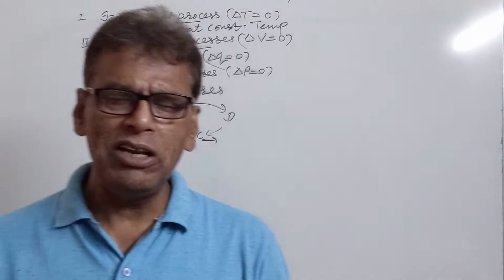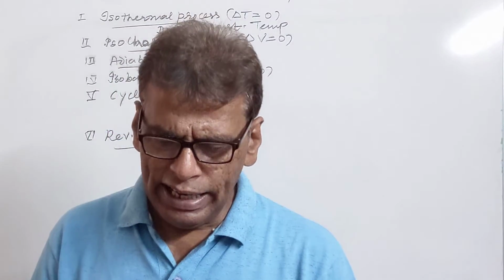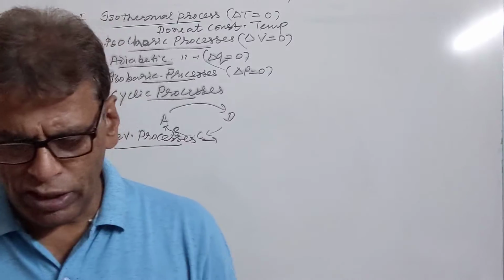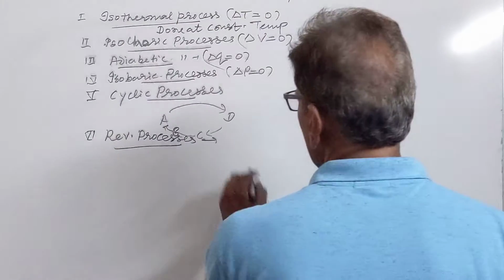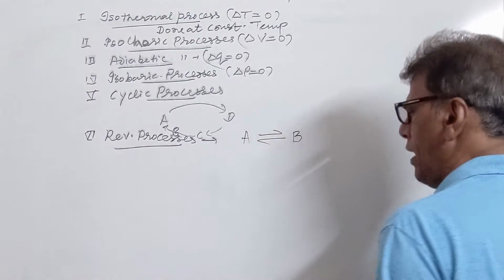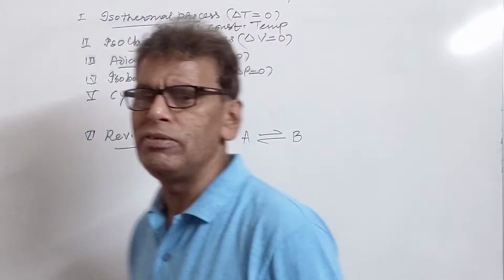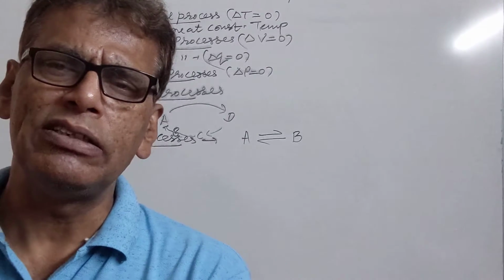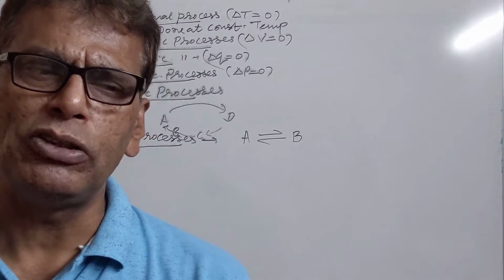There remains an infinitesimal equilibrium state between the system and the surrounding. So they are called reversible processes. They can be reverted at any state. किसी भी state पे उसको reverse किया जा सकता है. Such processes are called reversible processes.